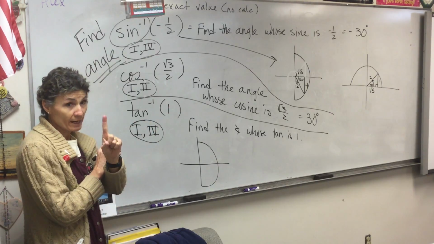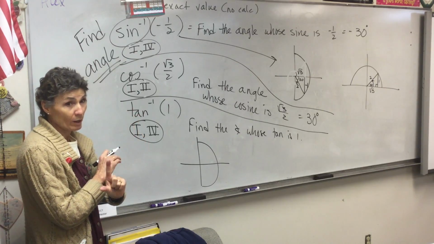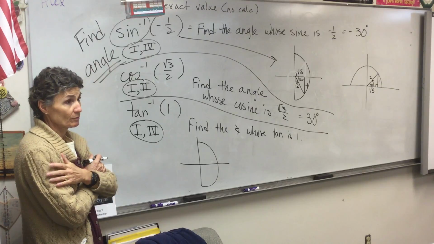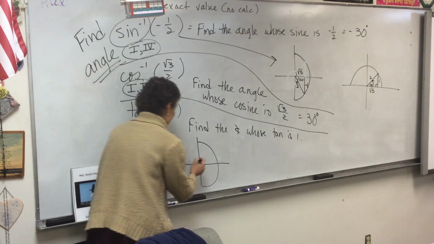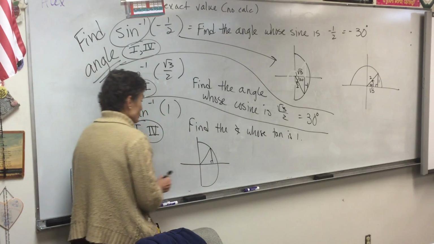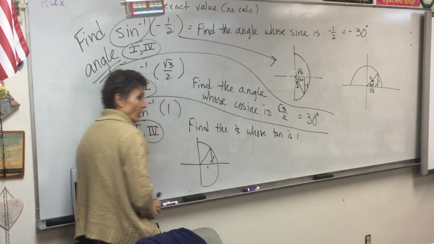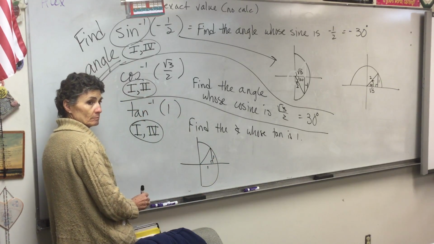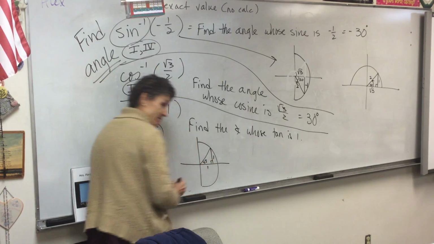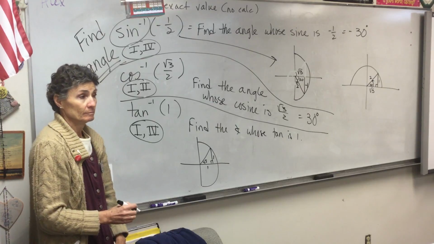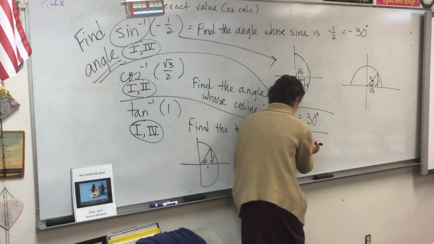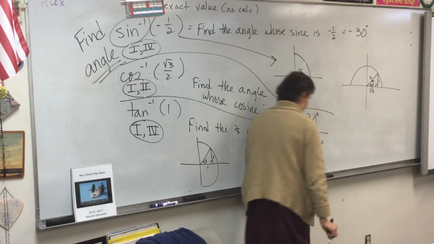I'm going to draw one triangle. It's either going to be quadrant 1 or quadrant 4. It's a positive number, so it's going to be quadrant 1. And it says the tangent is 1. So wouldn't that be like 1 over 1? Which means that angle is a 45. And the answer to the question is 45 degrees.